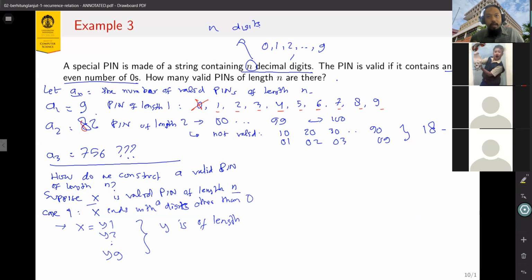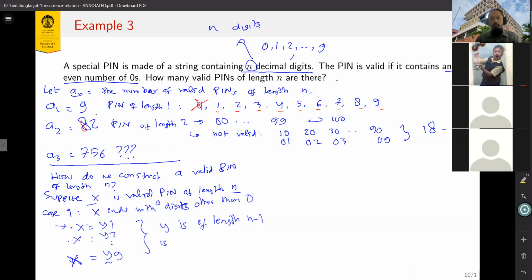And now we know that x is equal to y followed by 1, or y followed by 2, or ... or y followed by 9. So y must be of length n minus 1, correct. So y is of length n minus 1.